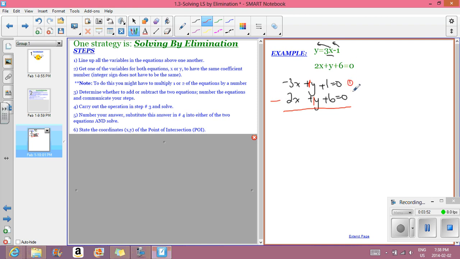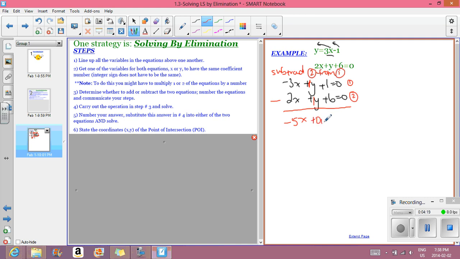So here's equation 1, equation 2. We are going to subtract equation 2 from 1. So to do this, we have -3x minus 2x, which is -5x. +1y minus +1y, which is 1 minus 1, which is 0y.